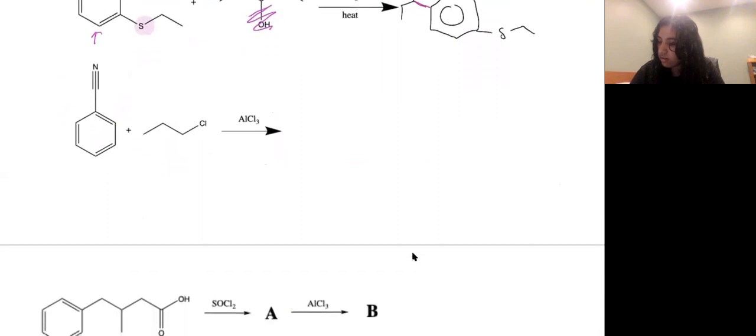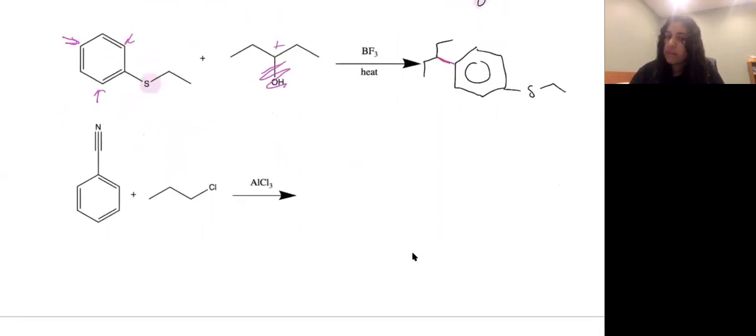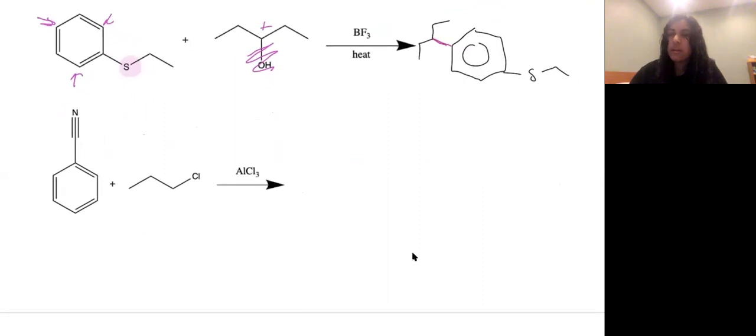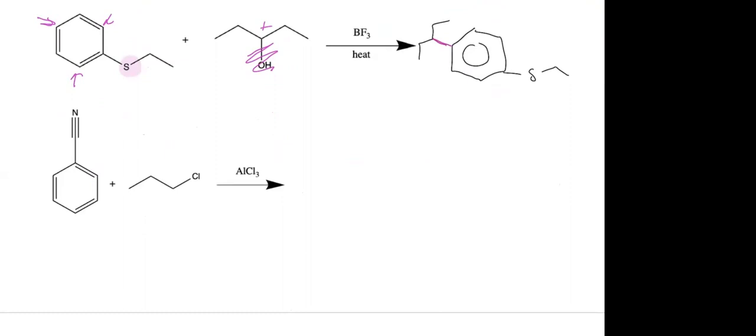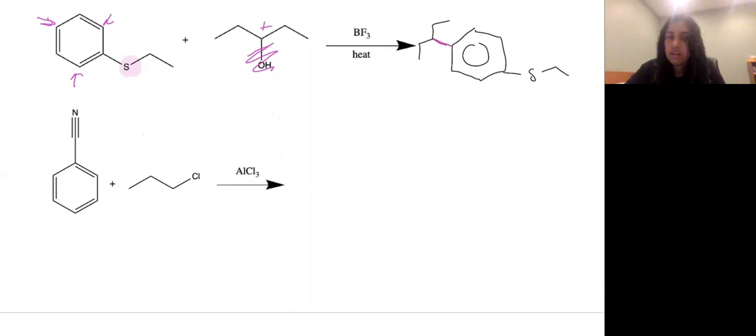All right, I think this is okay, almost the last one. So what reaction do you think this is? Another alkylation? It's another alkylation. And then what do you think the product is going to be?